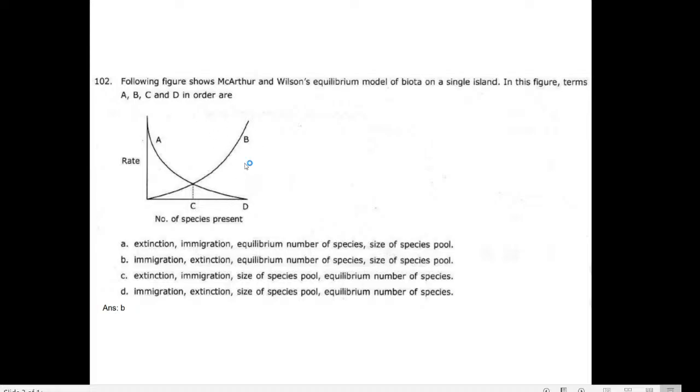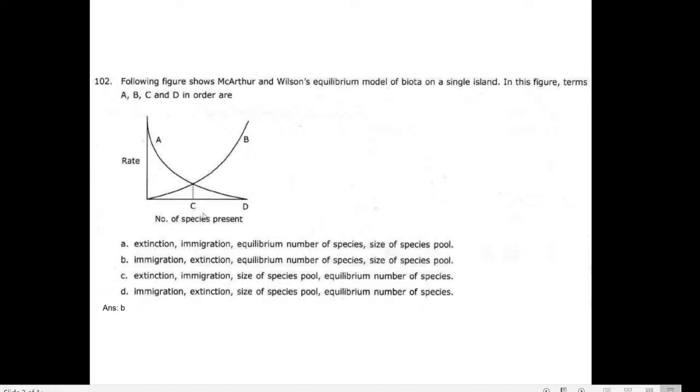From this image, the number of species is on the x-axis and the rate is on the y-axis. For island E, the first is immigration, where the population rate is reduced. Then next is B, extinction. On island B, the population is reduced, and after reaching a particular rate it stops at a particular place, so the number of species here becomes low. The extinction species are low on island B.